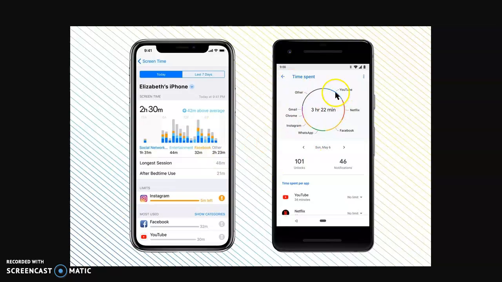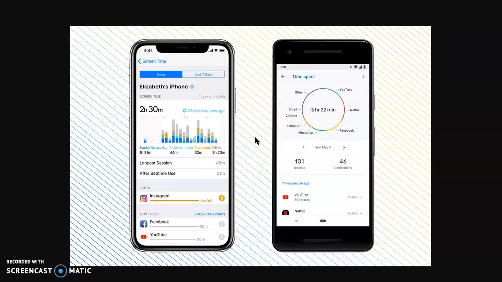But if you're looking at pictures and colors and visually representing the data, that might be an easier way for your brain to see what's really happening, to see which apps you're using the most, or which might shame you into using Netflix less, right? That's kind of what's happening right now.